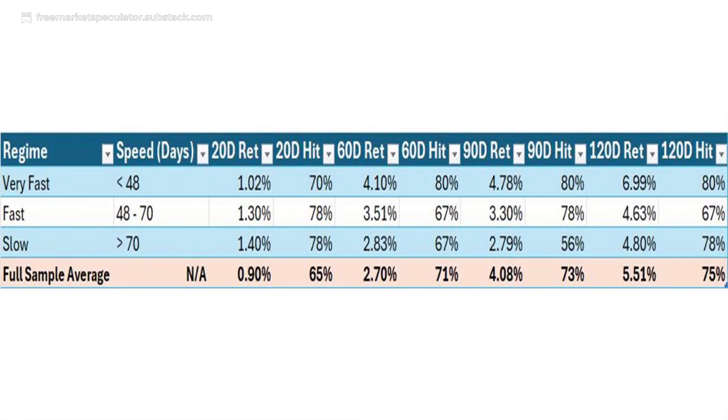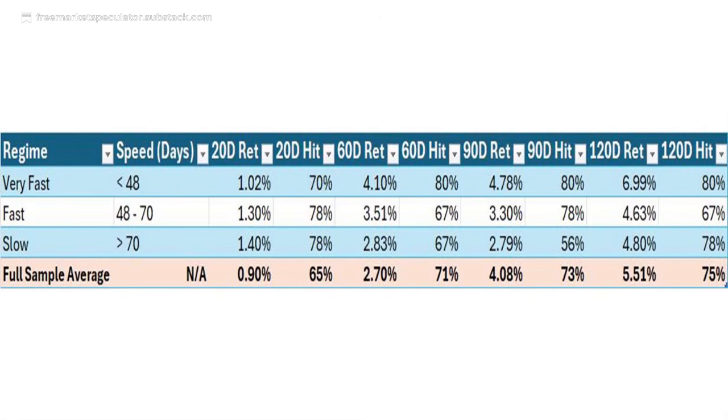The 90-day return is a bit of a mess for those slower signal regimes. If you look at the slow signal row, at 90 days the average return is under 2.8%, compared to a full sample average over 4%, so underperformance. And the hit rate is barely 50-50, also worse than average.